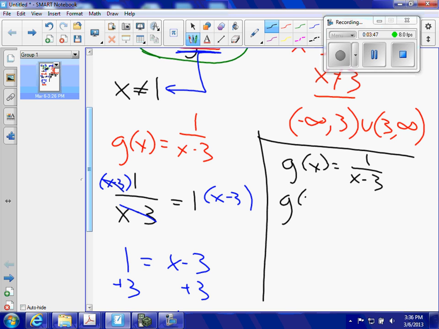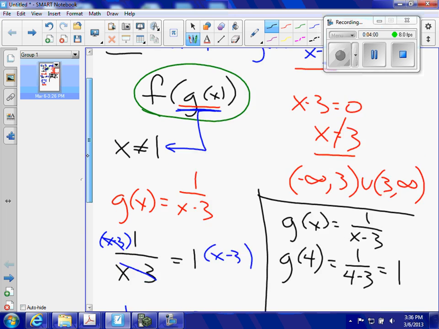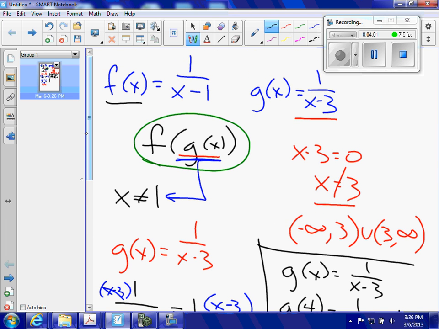G of 4 is equal to 1 over 4 minus 3, which is equal to 1. Well, that causes me a problem, because when x is equal to 4, g of x is equal to 1, and f of g of x would be f of 1, and that would make that undefined. Now, I hope that's clear.